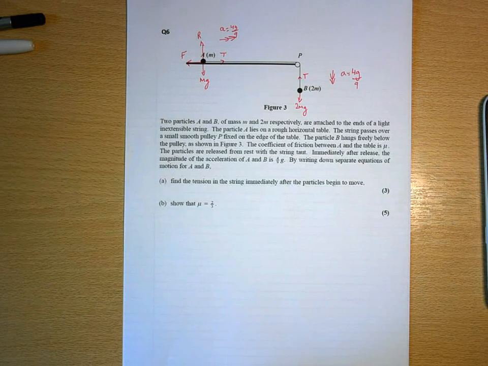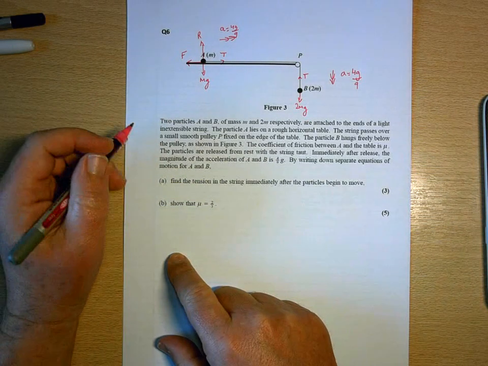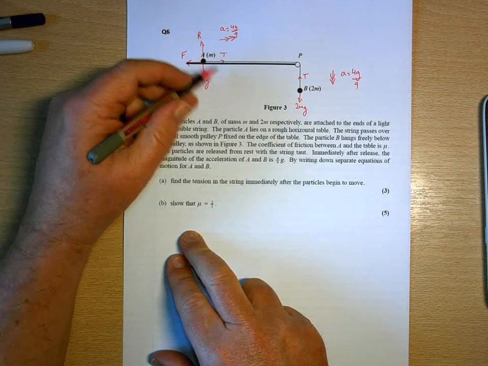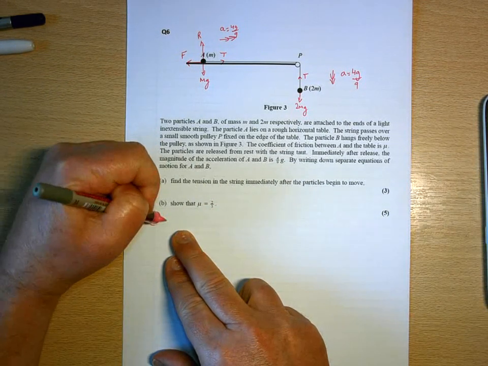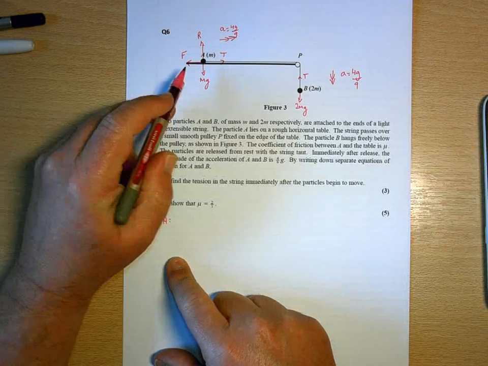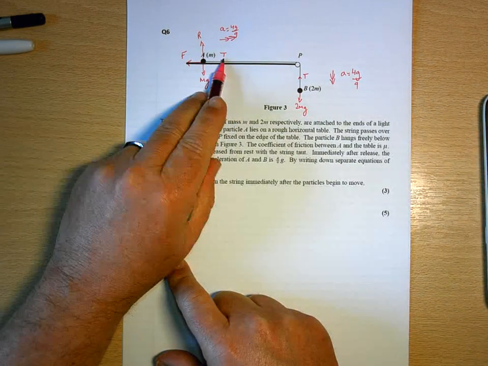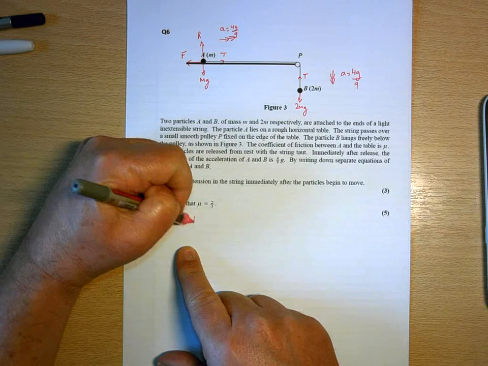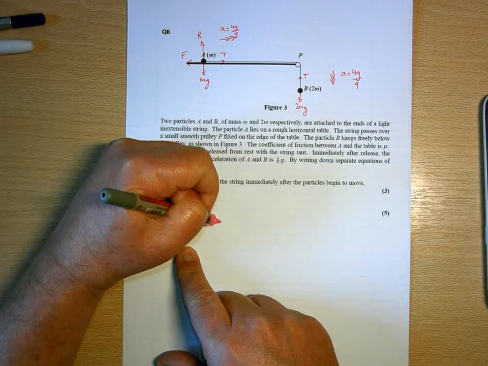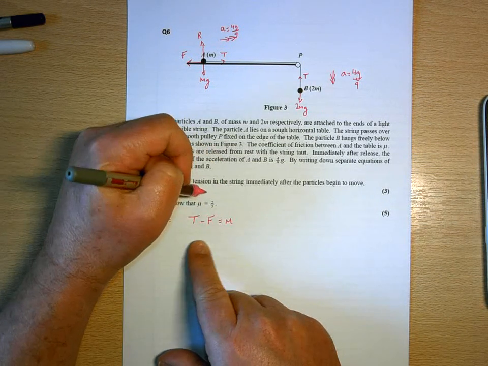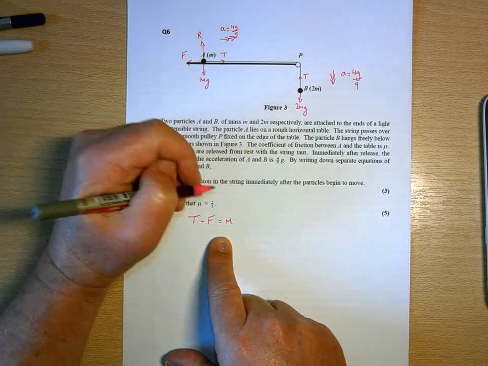So if we now set up our force equations, at A, we've got Newton's law acting in the direction of acceleration. So I'll have T minus F equals mass, which is m, times the acceleration, which we know is 4g/9.